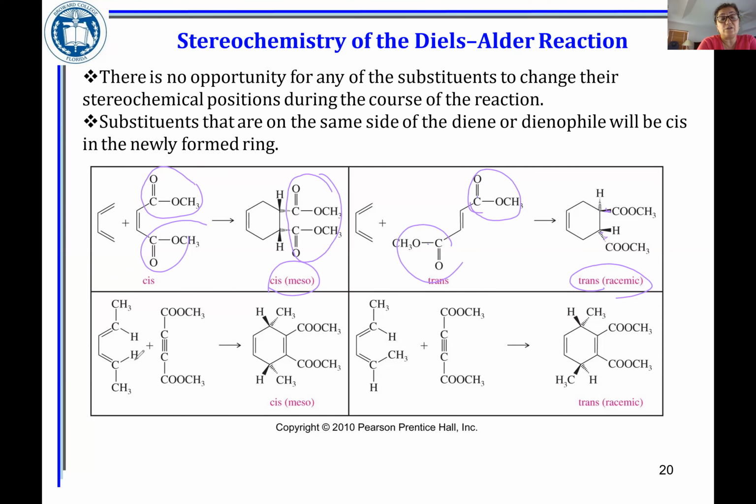So for the diene, if the groups are both in the axial position, then you get the cis product. But if one is axial and one is equatorial, your product is going to be trans. So on the product side, the groups that came from the diene would be in the trans position, one going away, one coming toward you.